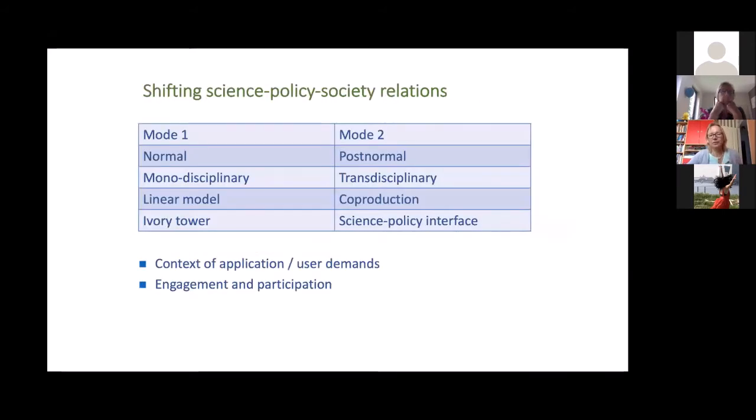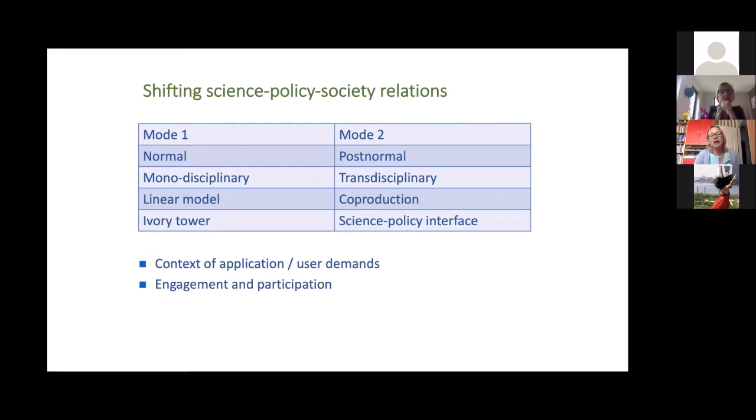On the basis of the flaws and limitations of the linear model, we see shifting science-policy-society relations across the board, captured by a lot of different concepts that are maybe slightly different in their meanings, like mode 2, post-normal science, transdisciplinarity, co-production, and science-policy interface studies to some extent also advance this.